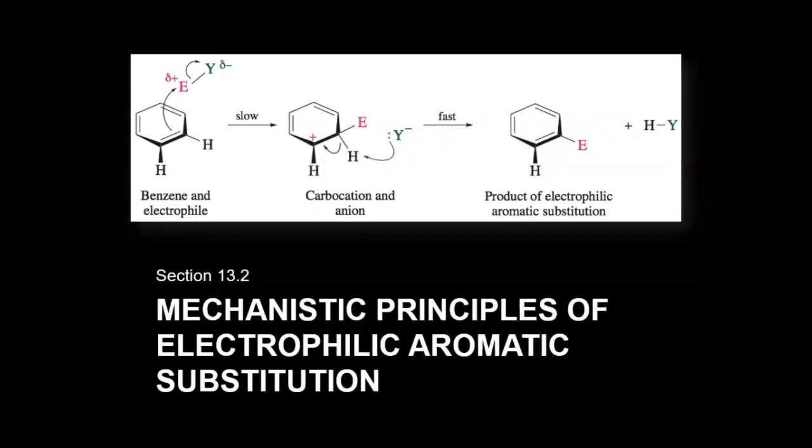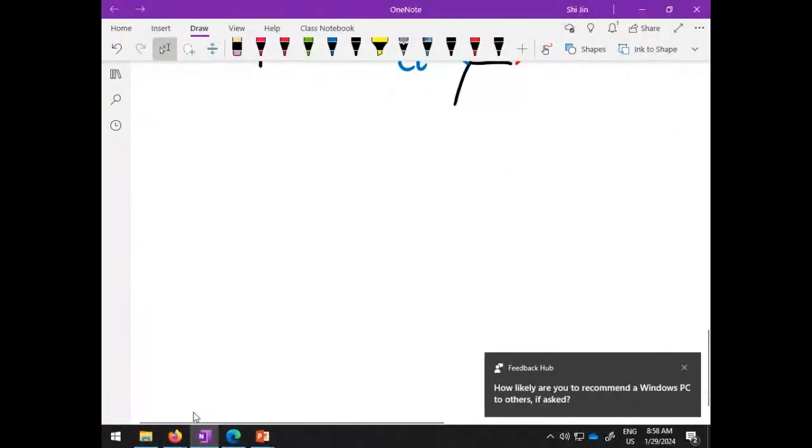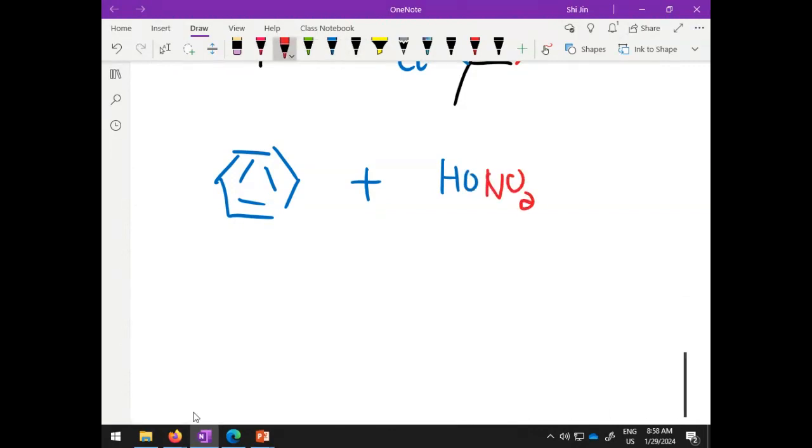So let's look at just a few more real-world examples. Let's say benzene reacts with this.